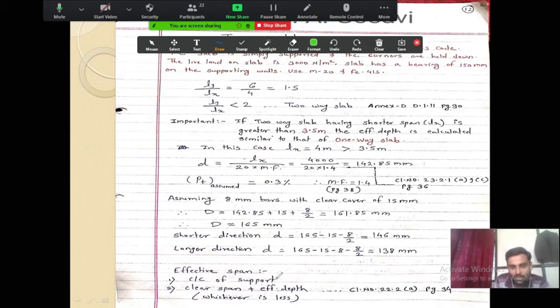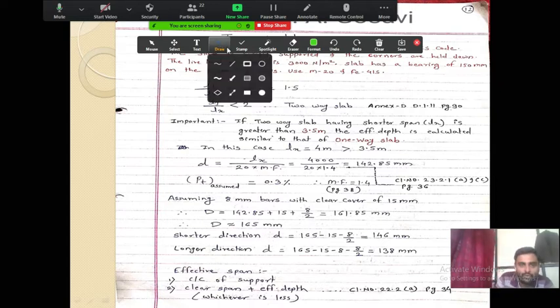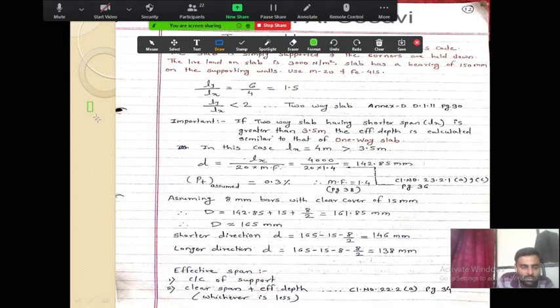As I have told you earlier, you first lay down the bar in the shorter direction, and after that you lay down the bar in the longer direction. So if you look at this from the longer direction, again I will draw the shape over here. This is, then circle.